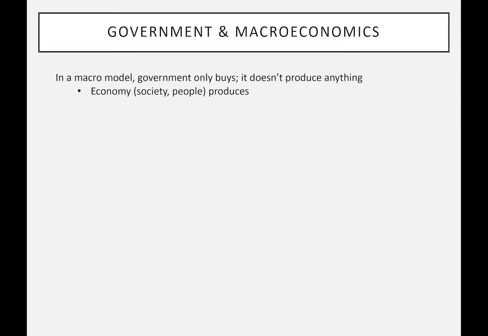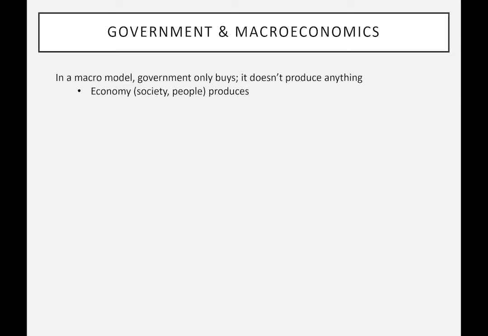A little point about government and macroeconomics to clarify things. This is actually useful to understand the role of government within a society as well. In a macroeconomic model, the government doesn't produce anything. The government simply buys.